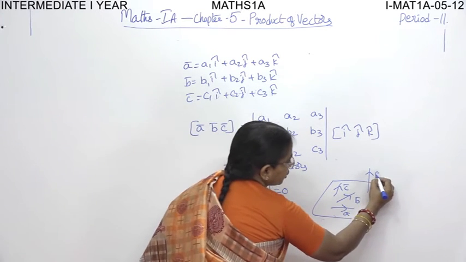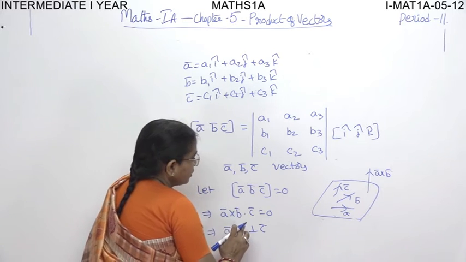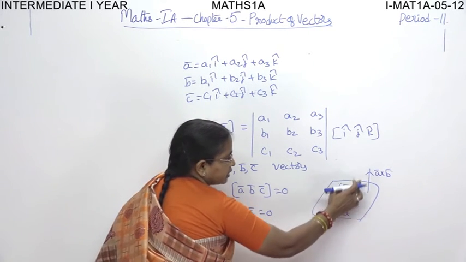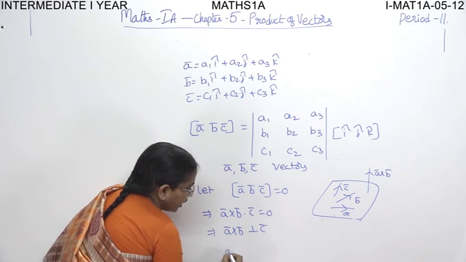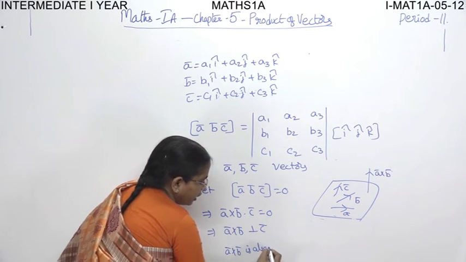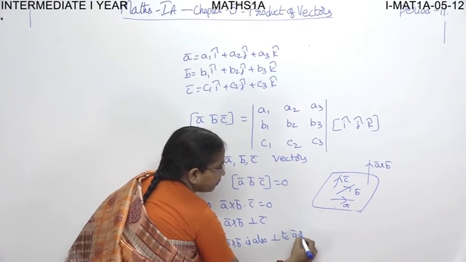This is the direction of A cross B, and suppose A cross B dot C is 0. Then A cross B is perpendicular to C. And we also know that A cross B is also perpendicular to A and B.